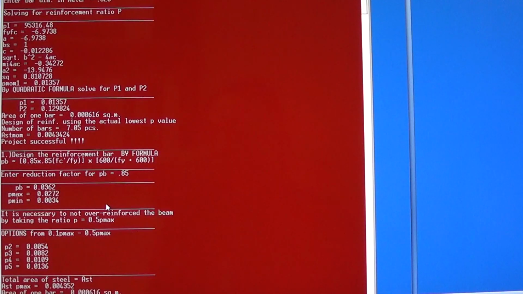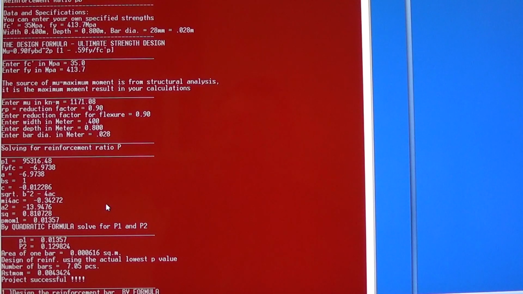It seldom happens that the P by formula is also equal to the P from the moment. Usually using the moment to solve for the P, the beam 80% fails. It's either under reinforced or over reinforced.